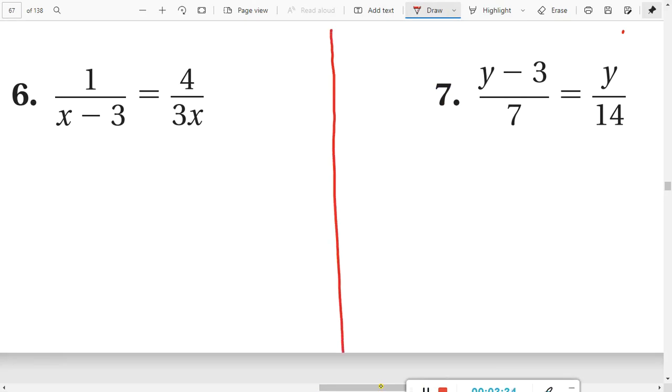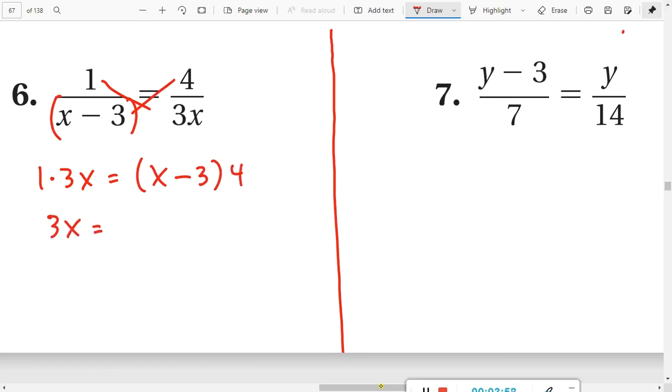All right, on number 6, top times bottom, 1 times 3x. Bottom times top, you have to use parentheses. Okay, so it's x minus 3 times 4. 1 times 3x is, of course, 3x. Distributing the 4, that'll be 4 times negative 3, or negative 12, and 4 times positive x.